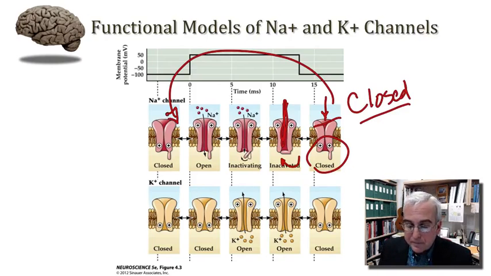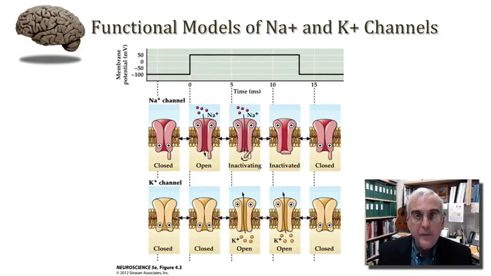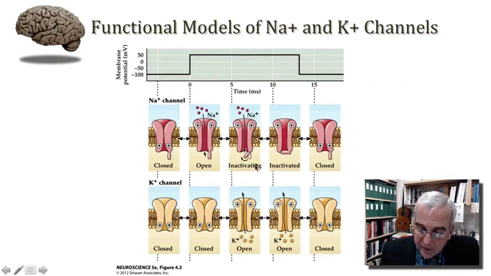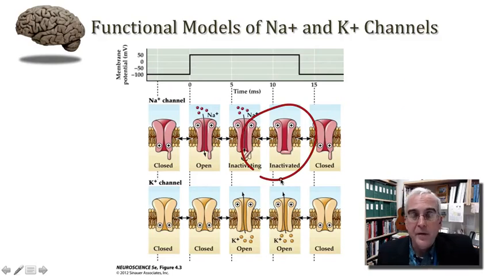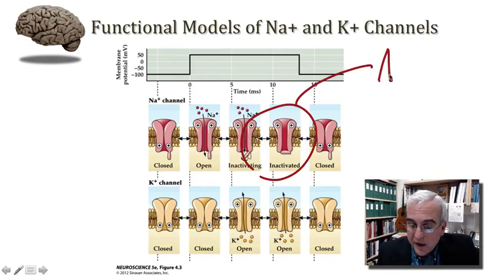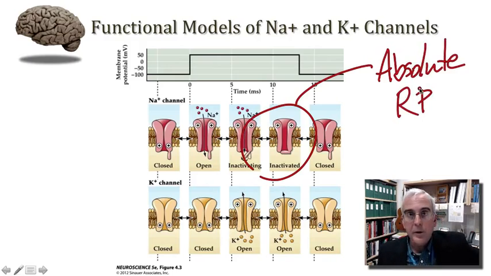That is, it's possible for this channel to re-enter a cycle that will allow for channel opening and the influx of sodium. So the absolute refractory period of the action potential is defined in terms of the molecular structure of the ion channel itself. When these channels are inactive, they are incapable of passing current. That inactivation is only relieved with hyperpolarization. So this inactivated state is when we have our absolute refractory period. Okay?